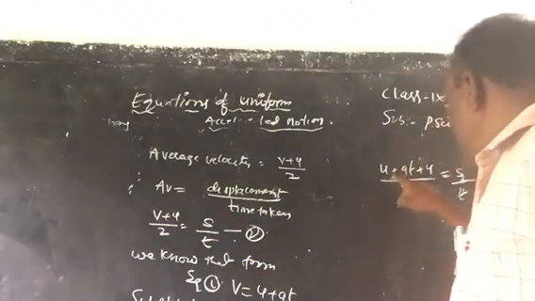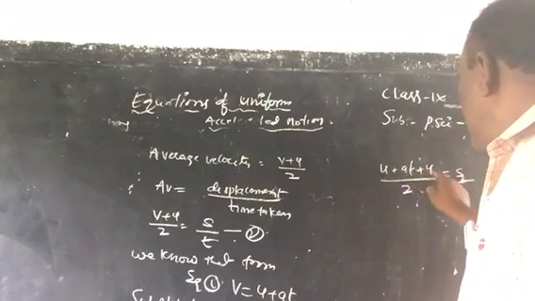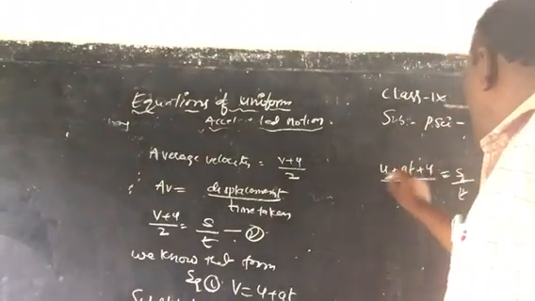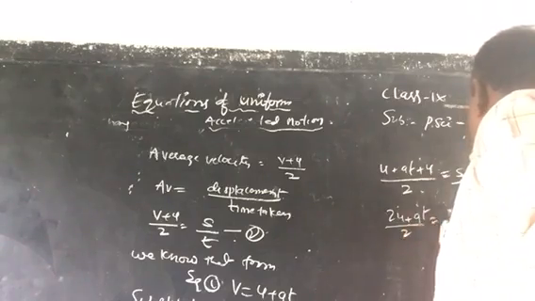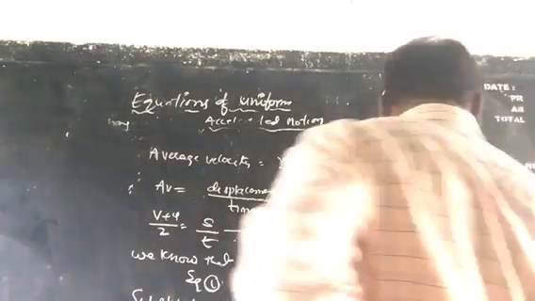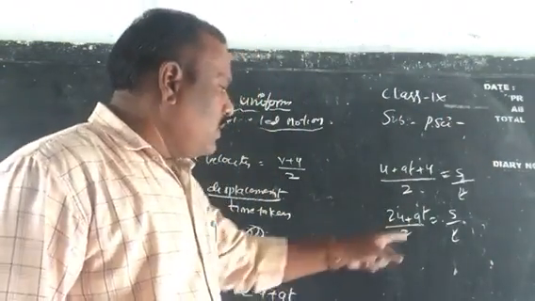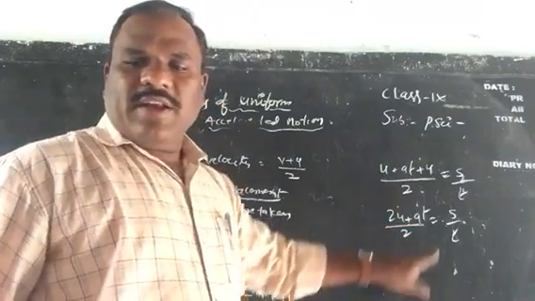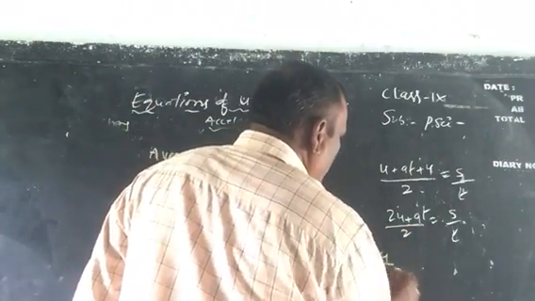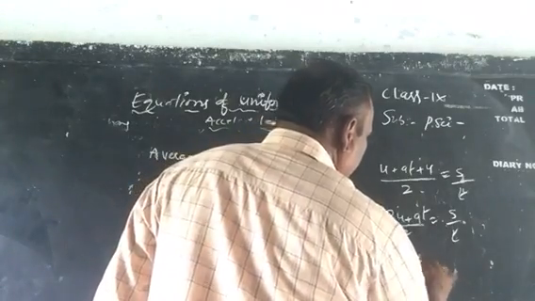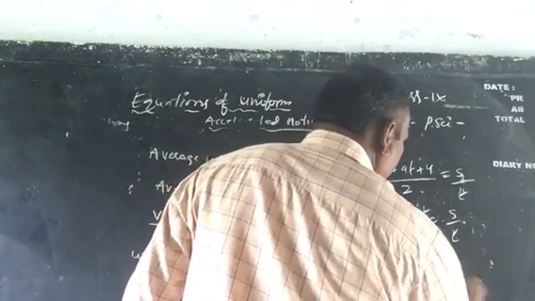Now 2u plus at by 2 equal to s by t. Observe here: 2u by 2 plus at by 2 equal to s by t.